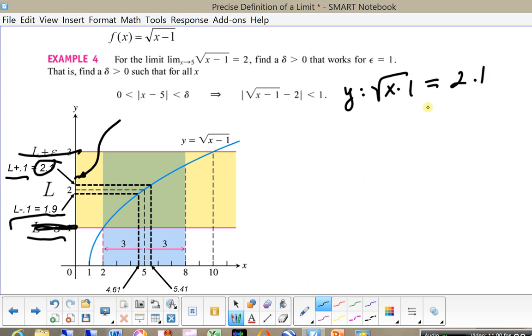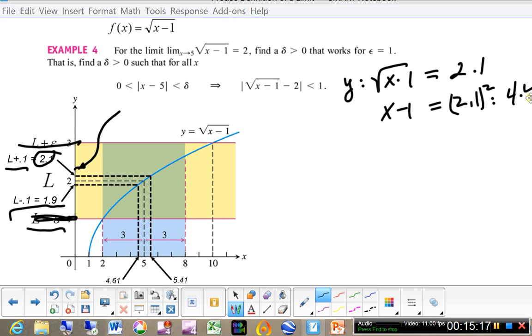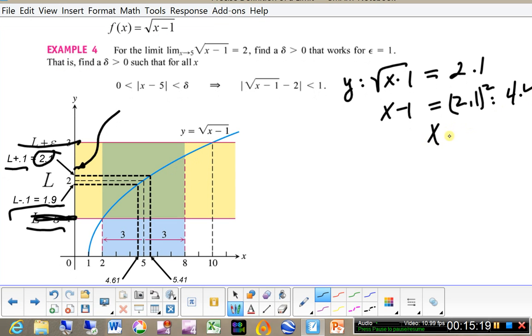we can solve this for x and get x minus 1 equal 2.1 squared. And this value is 4.41. And so x is equal to 5.41, the x upper.